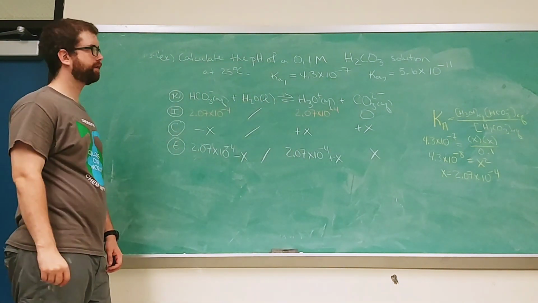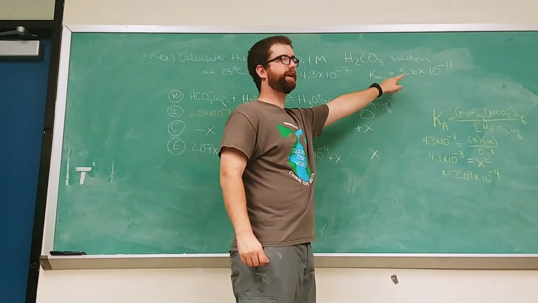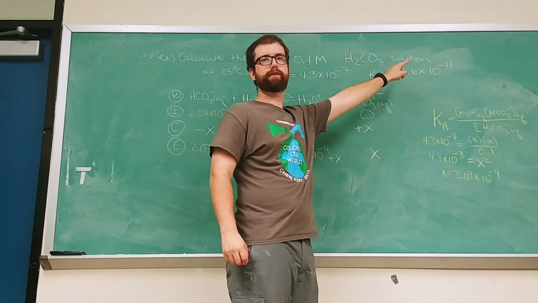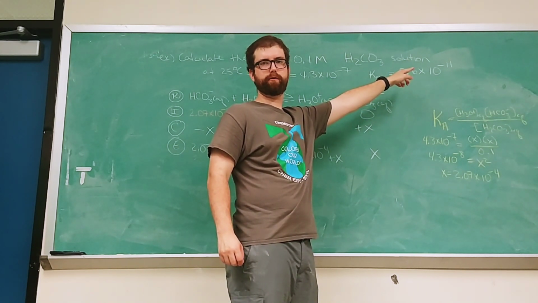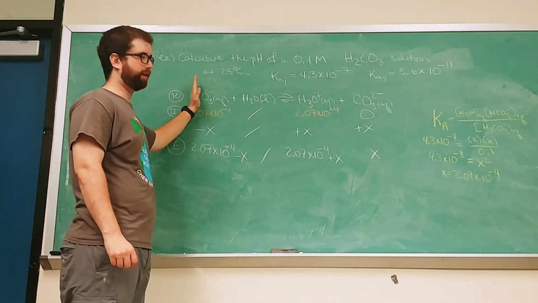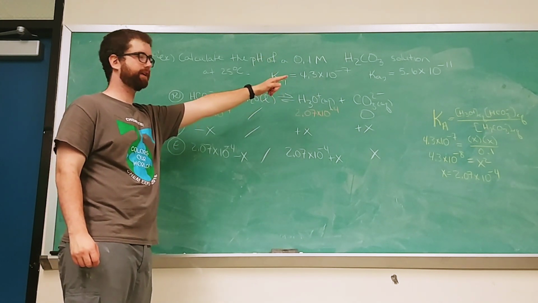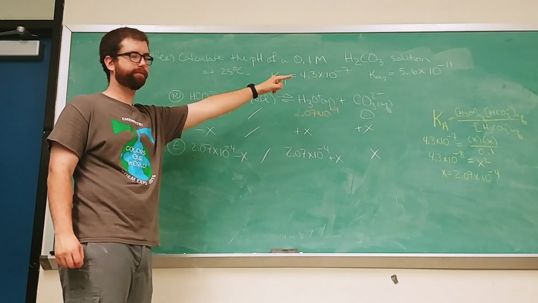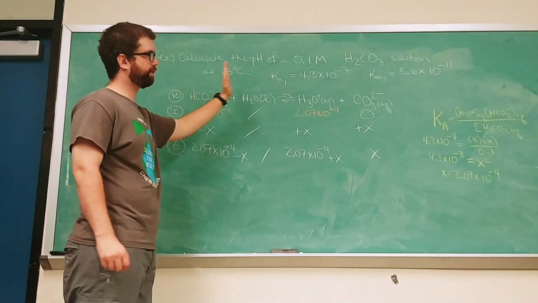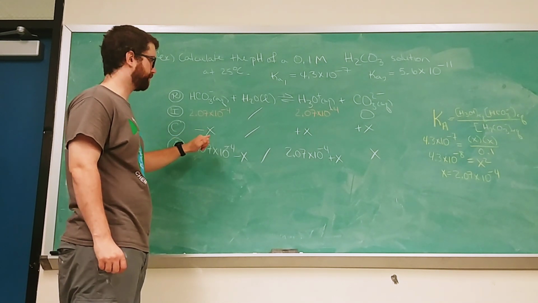However, if I look at my Ka2 value, this is 5.6 times 10 to the negative 11. This is an exceedingly small value of Ka. Barely any of this got turned into products because K is an extremely small number. So if K is very small, very little of this got changed. x is going to be insignificantly small.